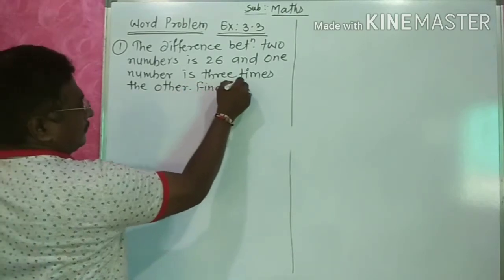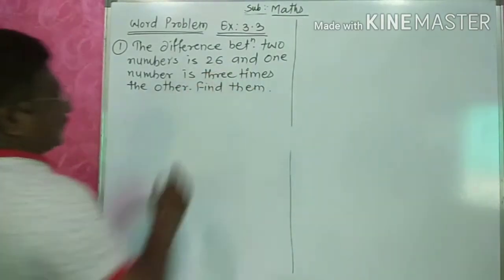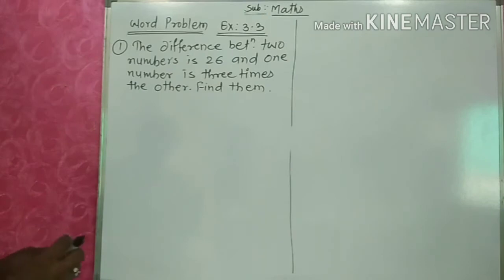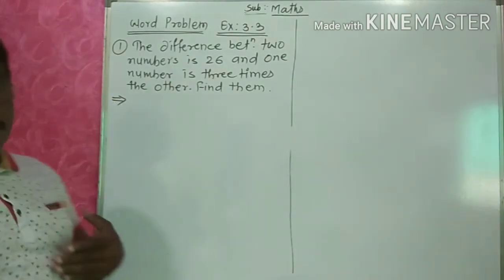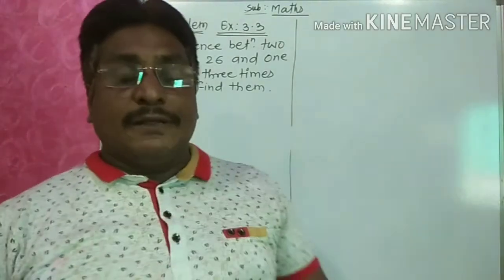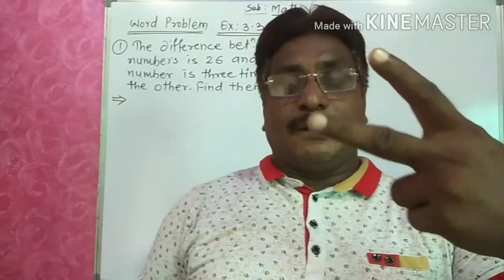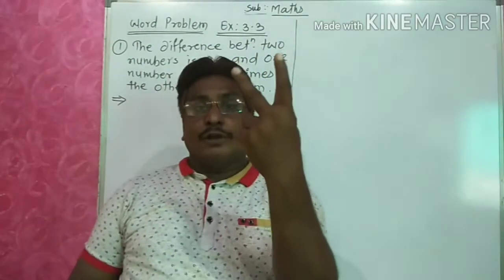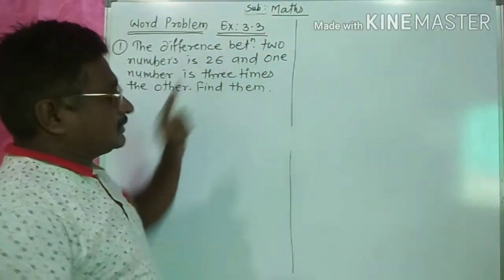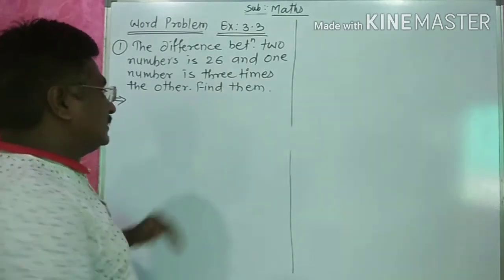Find them. This question is like this. First, this is a pair of linear equations in two variables. Two variables means we want two numbers. Here two numbers are given, so we have to consider that.